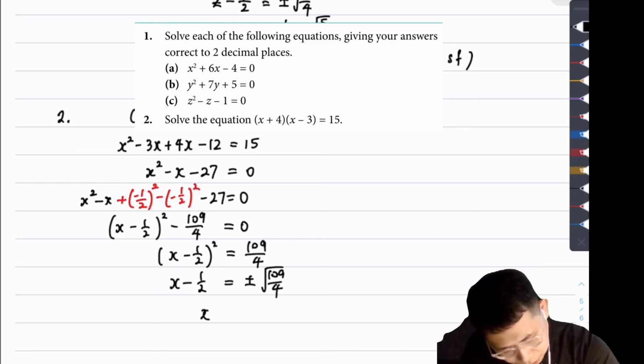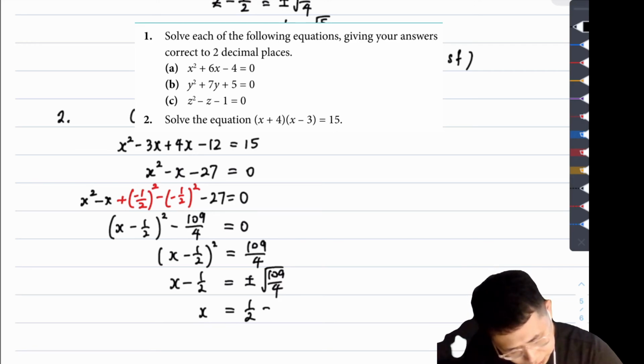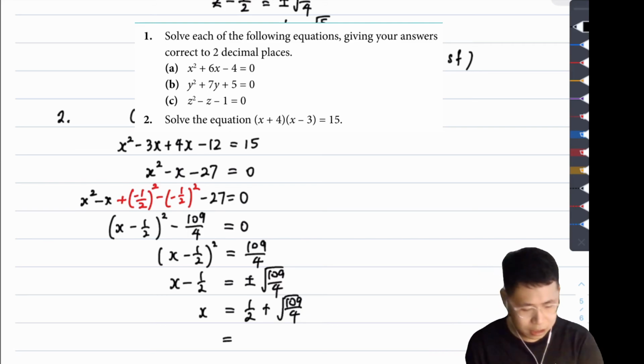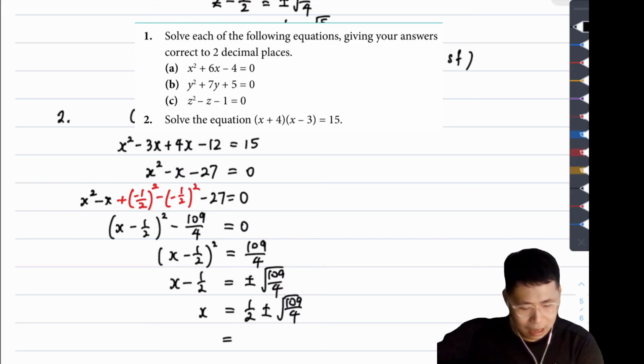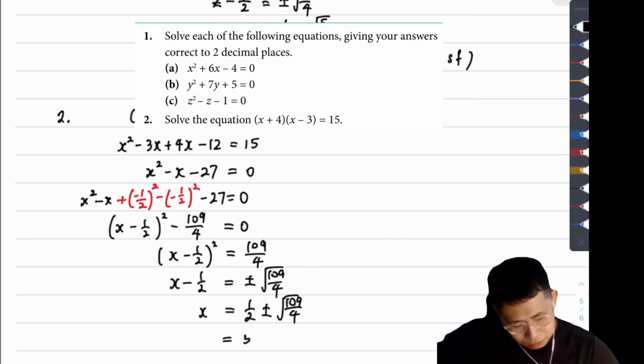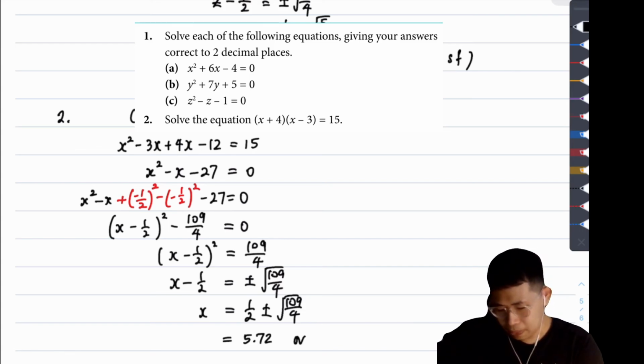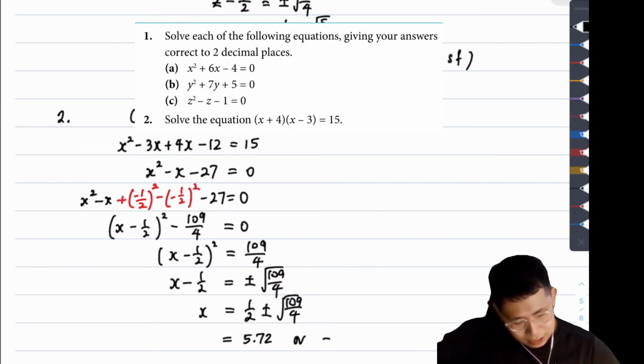Move the half to the right: half plus minus root 109 over 4. Then half plus square root of 109 divided by 4 gives 5.72, or negative 4.72, 3SF.